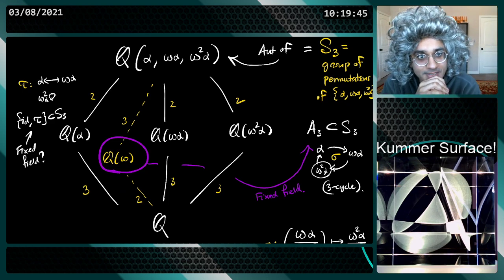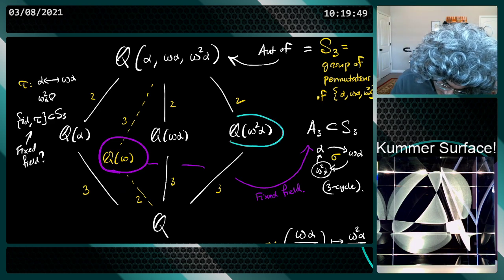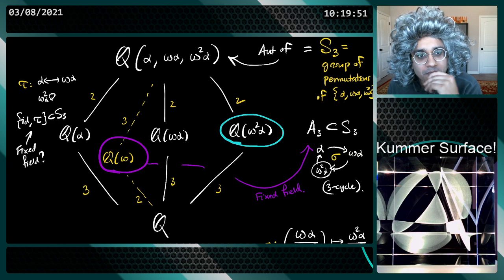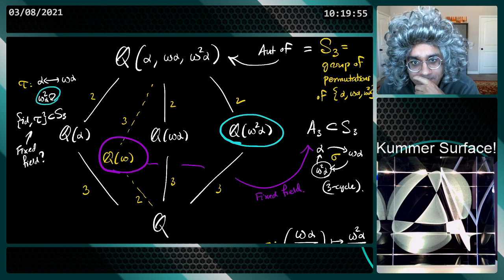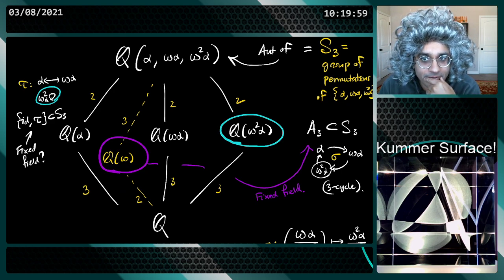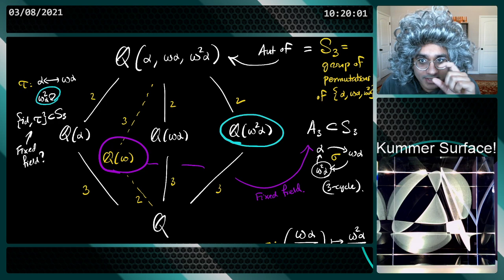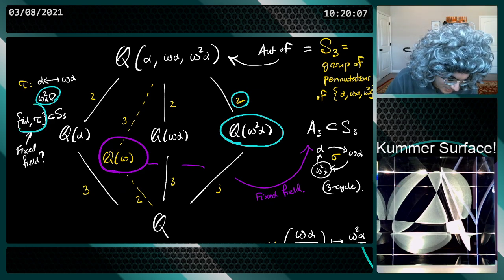So there's 3 options, but it has to be exactly this one, because see, omega squared alpha stays fixed. And so the field generated by it has to also stay fixed, and the size fits right. This is size 2. This is the size of this group.